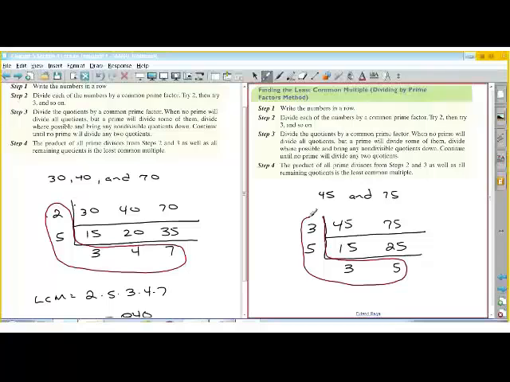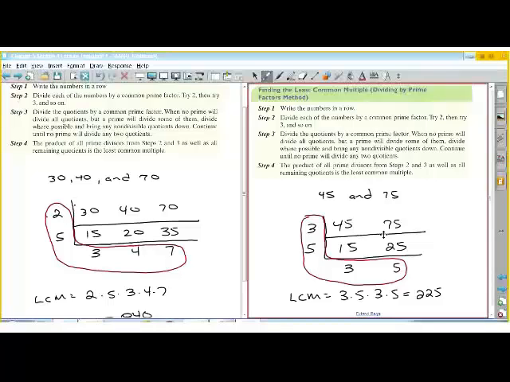So my least common multiple is going to be these numbers multiplied together. The least common multiple is 3 times 5 times 3 times 5, which is probably 225, I think, but let me try. 3 times 5 times 3 times 5, 225. And you can always check it by dividing this by those 2 numbers.